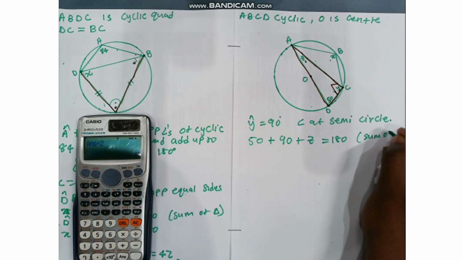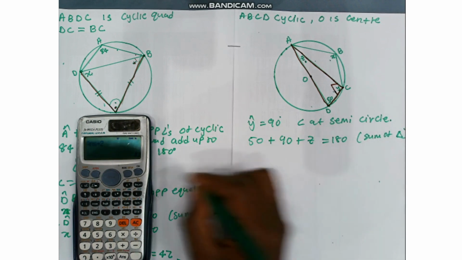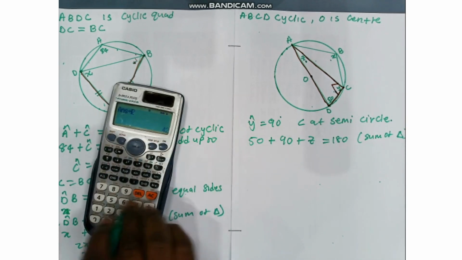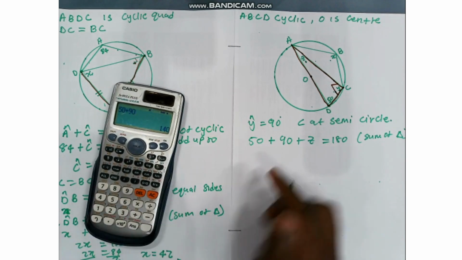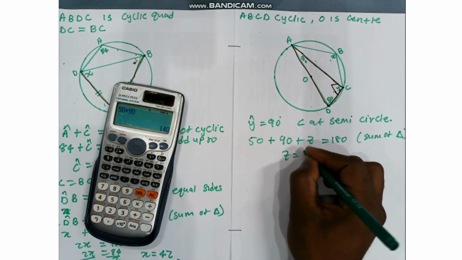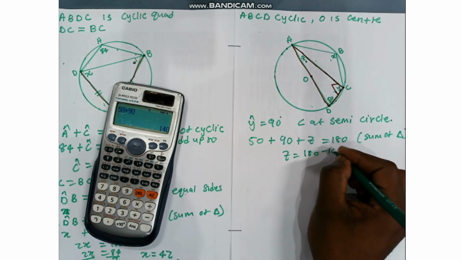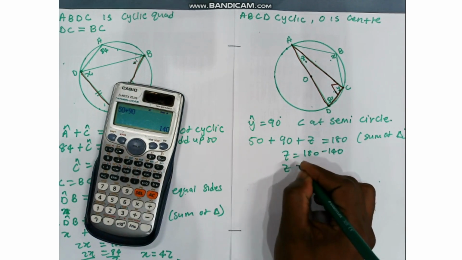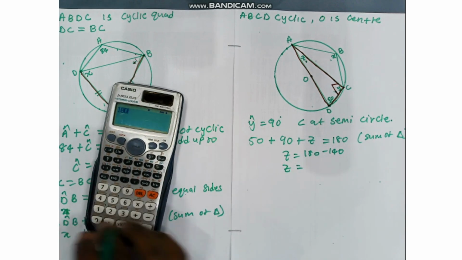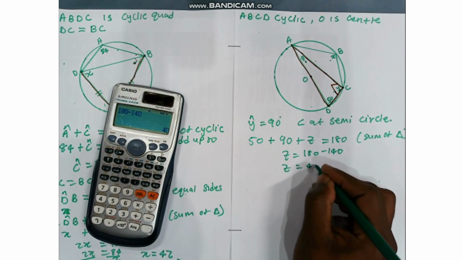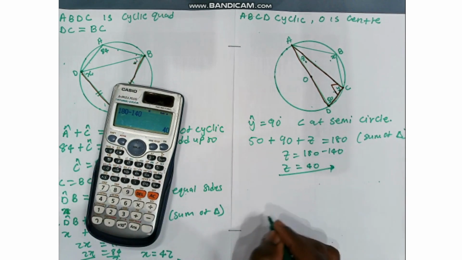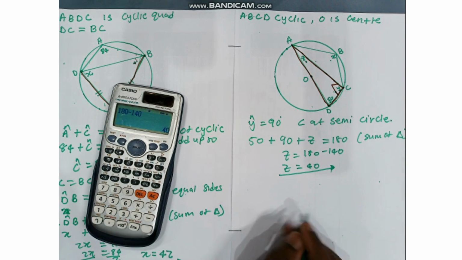Sum of a triangle. 50 plus 90 is 140. So 180 minus 140. z is just 180 minus 140, which is just 40. This is our z. I hope you see it, I hope you understand it.